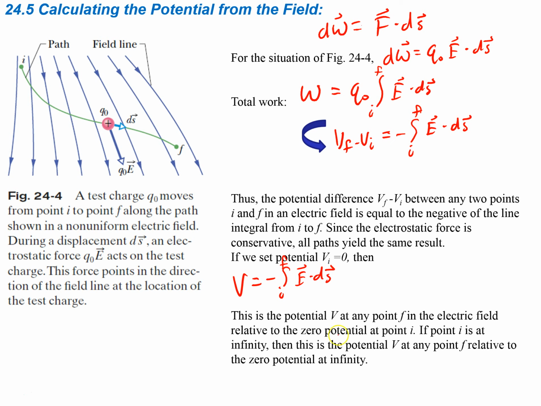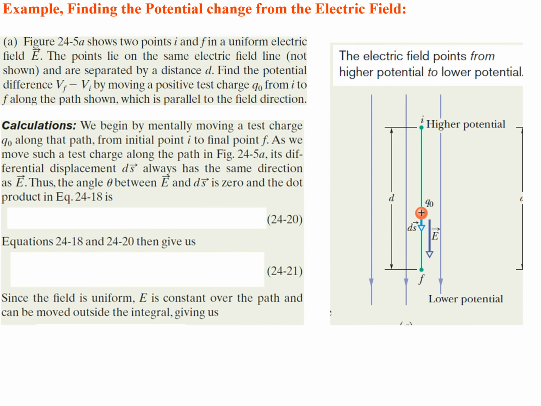This is the potential V at any point F in the electric field, relative to the 0 potential at point I. So if I is at infinity, then this is the potential V at any point relative to 0 potential at infinity.